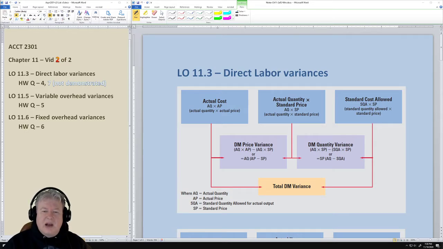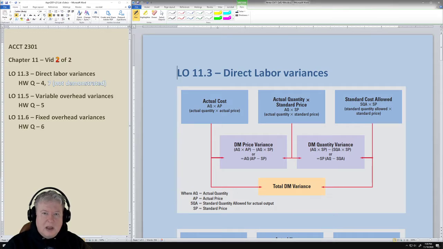So let's just remind ourselves. This is direct labor variances, but the picture we have here at the top is actually the direct material variance. On this side over here, we've got the actuals, and over here, we've got the budget with the standard cost.